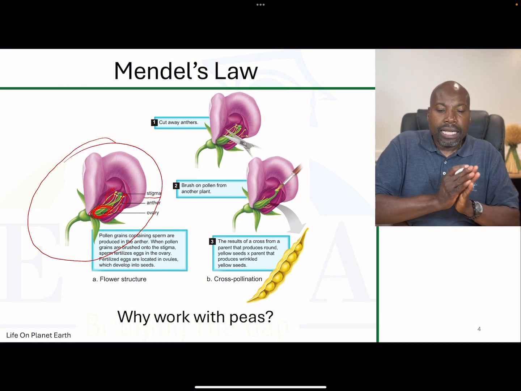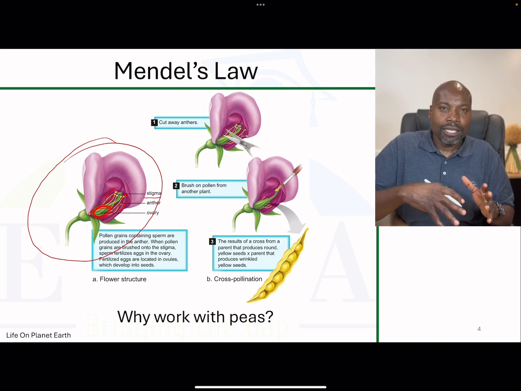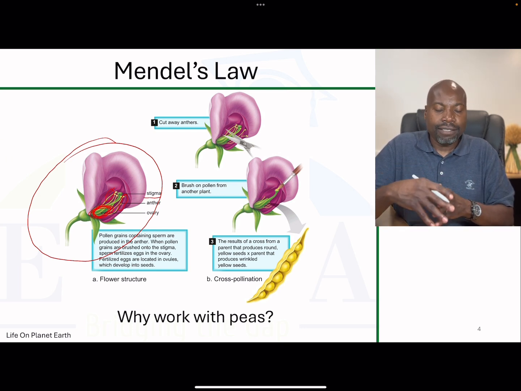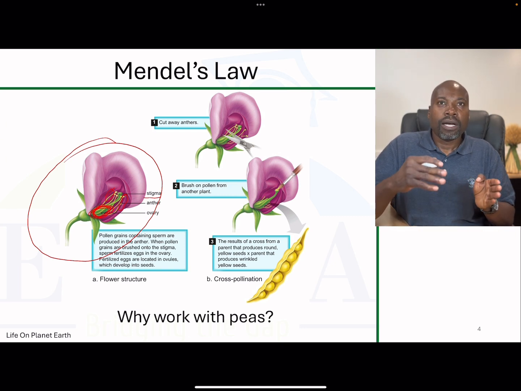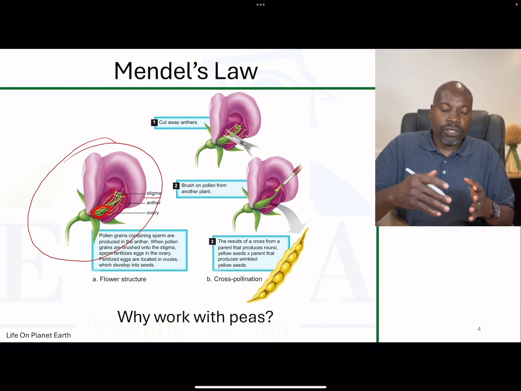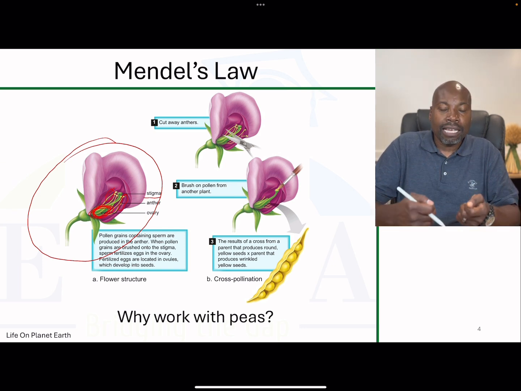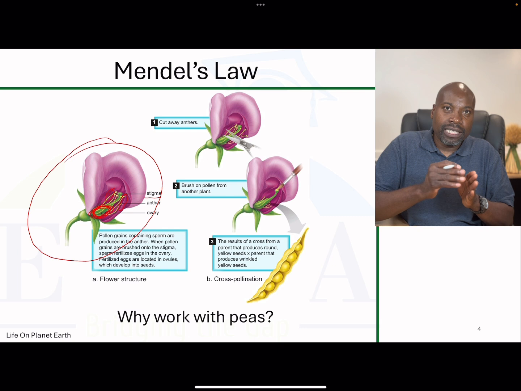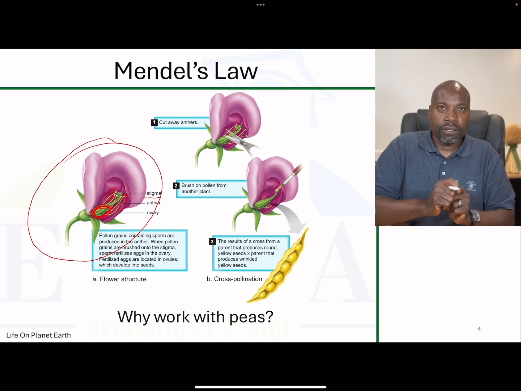So what Mendel did is to try to isolate some reproductive organs so that he can cross-fertilize plants. In other words, one plant is not going to fertilize itself, but he's going to intentionally play the role of a pollinator, right?